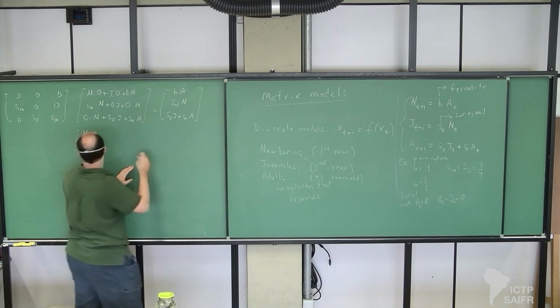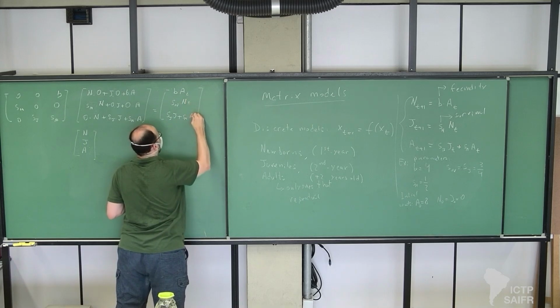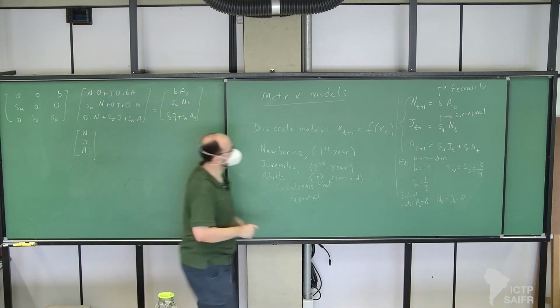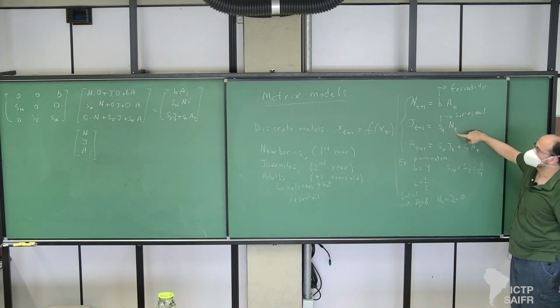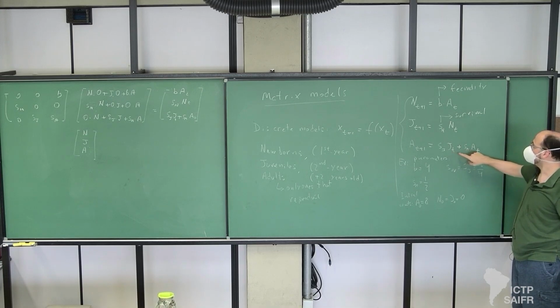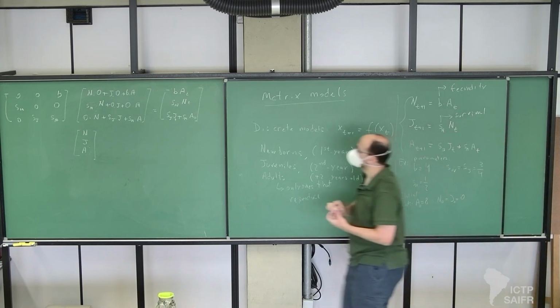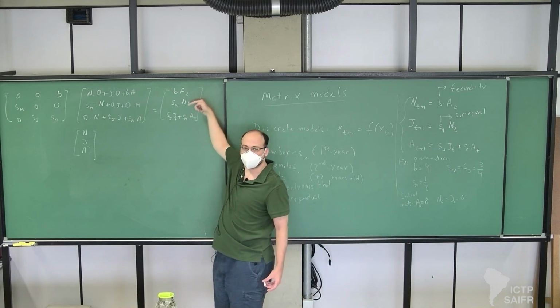Let me put the t back here. And this is my new vector. You see here, B times A, Sn times n, Sj times j plus Sa times A. These are the 3 elements of the new vector, the vector for the populations at time t plus 1.